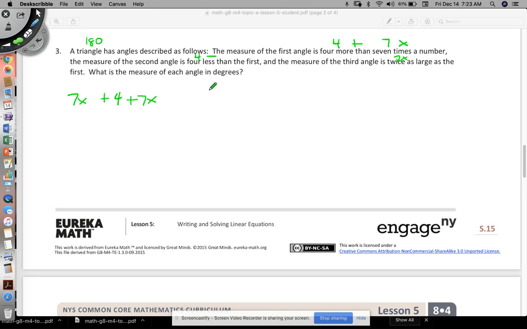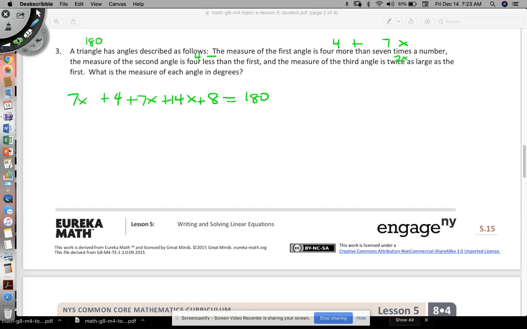Instead of writing plus 4 minus 4, just take it off. And then we have the third measure is twice as large. So 7 times 2 is going to give me 14x. And then 4 times 2 is going to give me 8. And all of this is going to add up to 180 degrees.